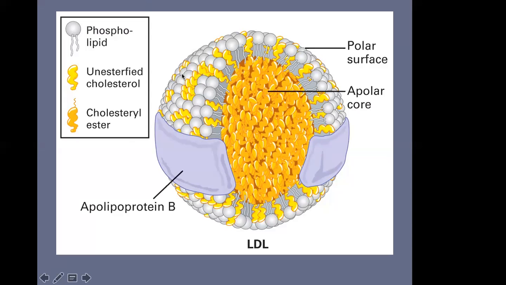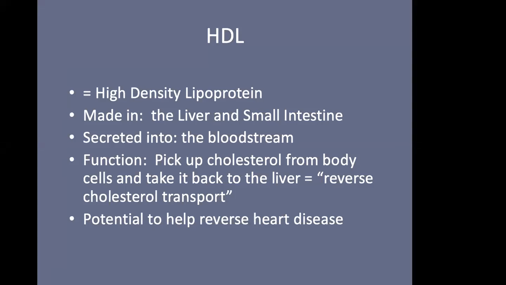Now this is a simple diagram. We already discussed that. Now HDL, high density lipoprotein, is also made in the liver and small intestine and secreted into the bloodstream. Its function is to pick up cholesterol from body cells and take it back to the liver, reverse cholesterol transport. It works against low density lipoprotein.